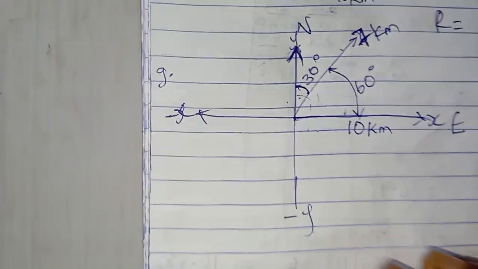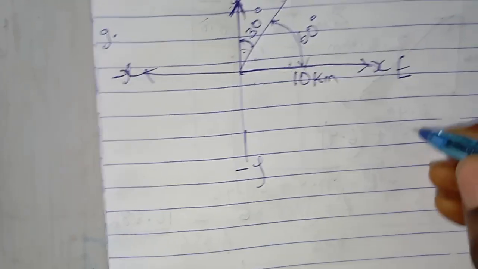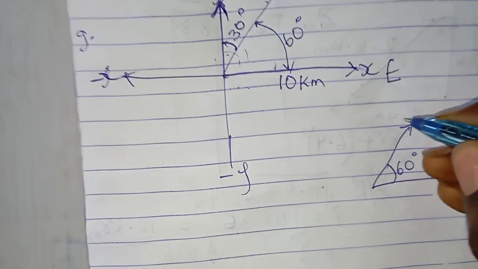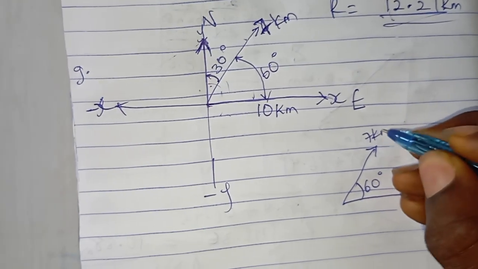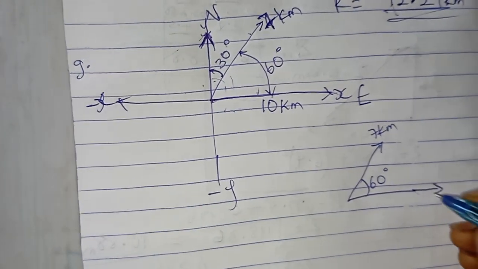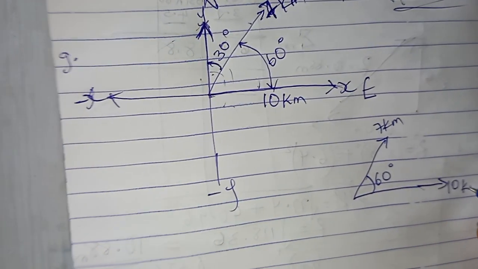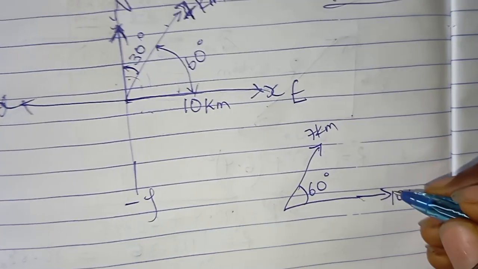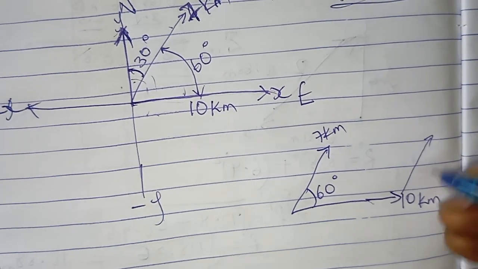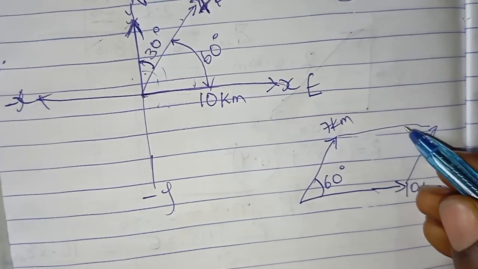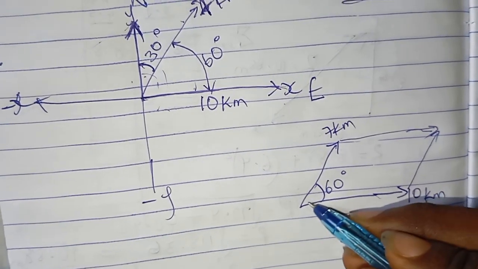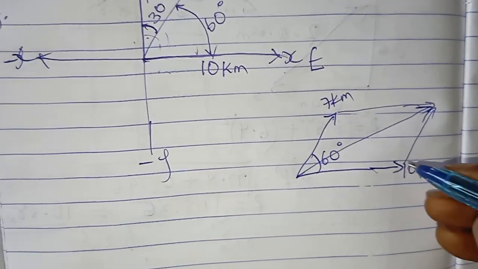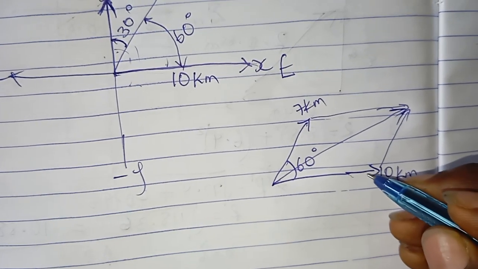So this is also the sentence saying 60 degrees, 7 kilometers, 10 kilometers. So I can use this like this. Then remember, anytime it's less than 90 or greater than 90, I always use this parallelogram, which I told you is the same thing as cosine rule if you know how to place your angle.